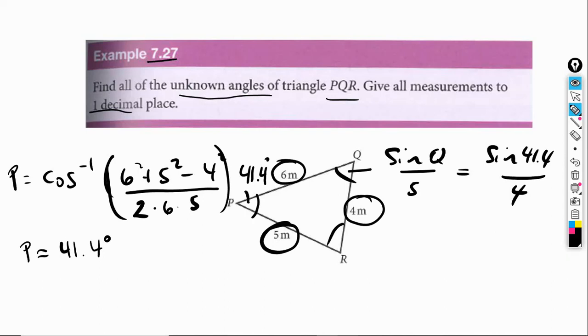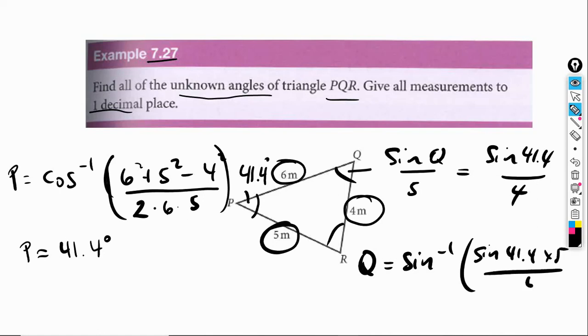So using inverse sine, we can say that Q is equal to the inverse sine of, and I know this is repetitive and you guys probably know how to do this already, but I'm still going to do it, sine of 41.4 times 5 divided by 4. Doing the inverse sine of this, we will get that Q is approximately 55.8 degrees. So that would give us Q, right?